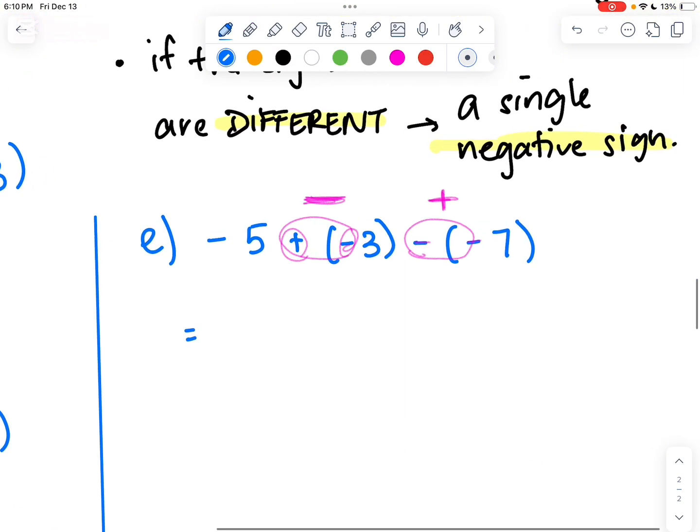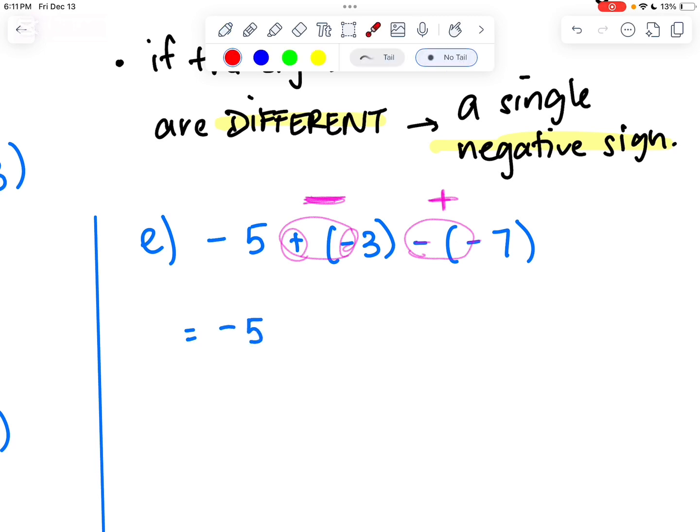So now I can rewrite it. I'm going to copy out the -5. There's my -5. This subtract, I'm going to bring that down here. The 3, I'm going to bring it down here. Just to show you where all these numbers are coming from, the negative is here, the 3 is here, and then the next thing I bring down is my plus, and then my 7.